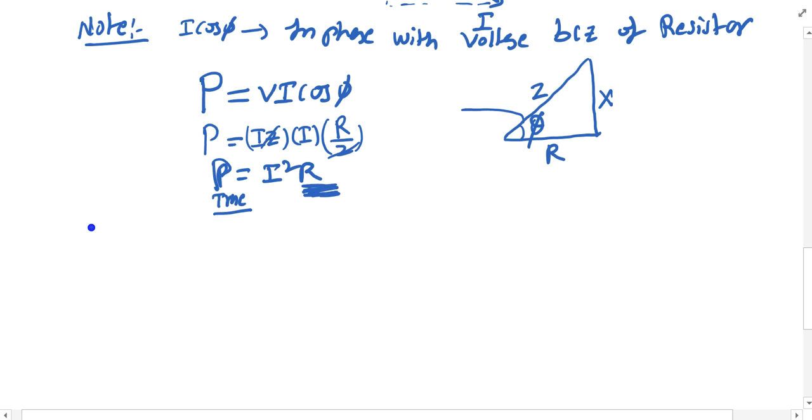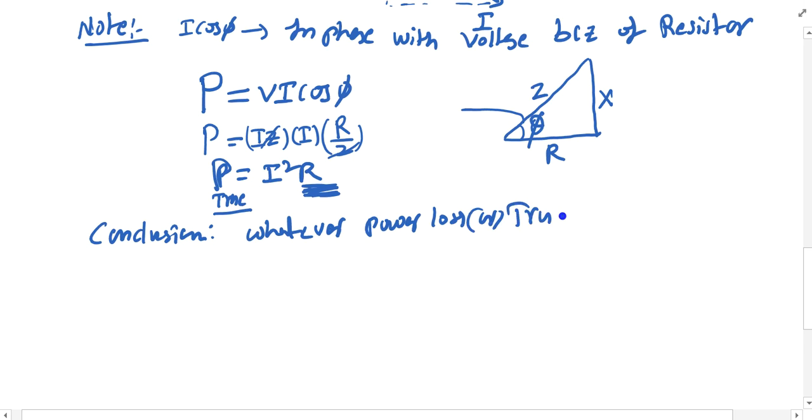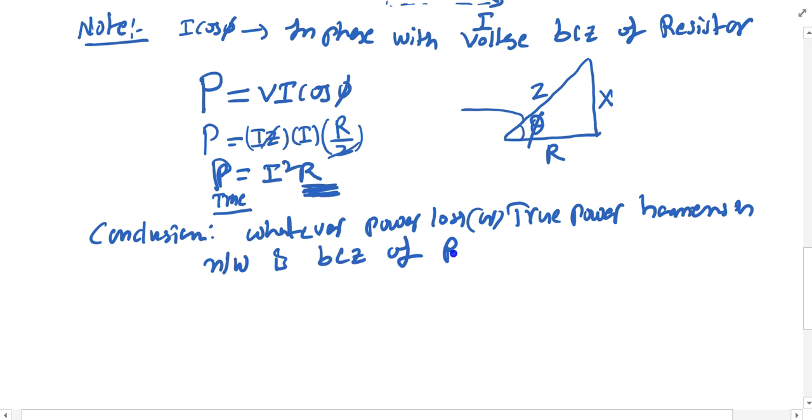So we can conclude that whatever the power loss or true power that happens in the network is because of the resistor.